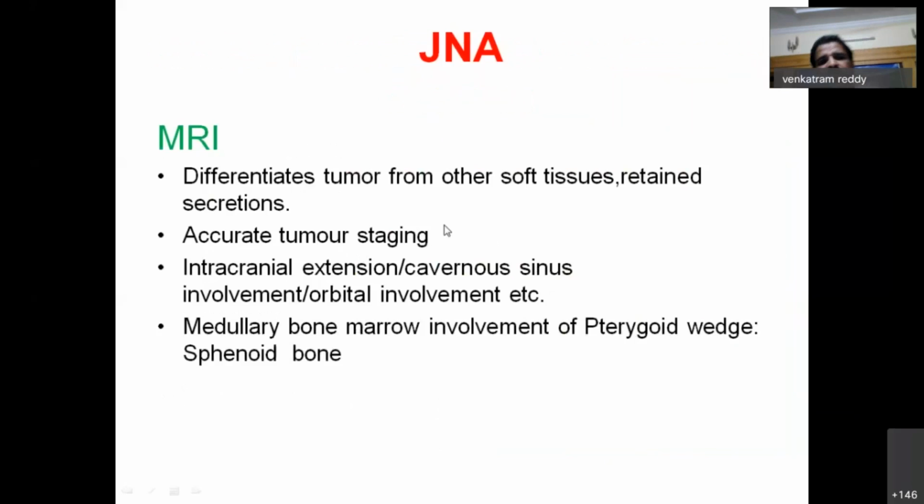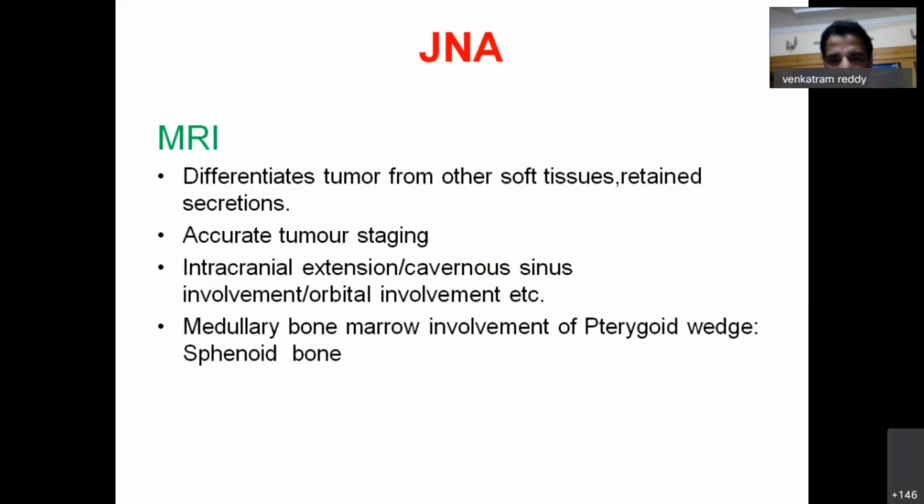Then what is the advantage of MR in dealing with the JNA? The MRI differentiates the tumor from other soft tissues and retained secretions, because a JNA can appear very big on the CT scan, and sometimes the contrast also will give a very big picture.